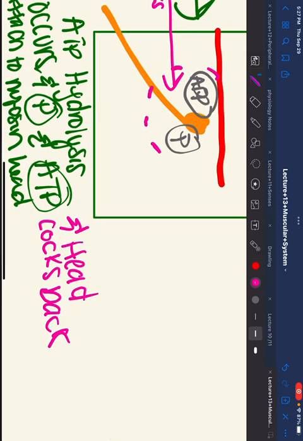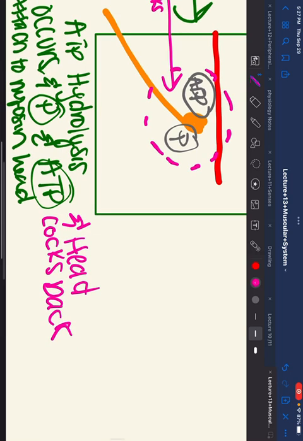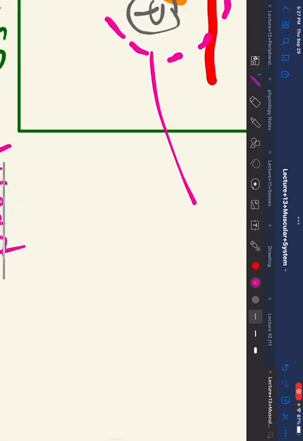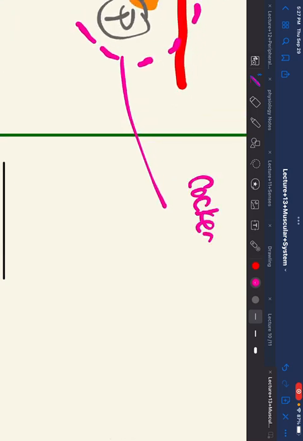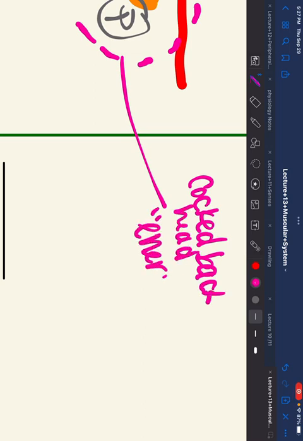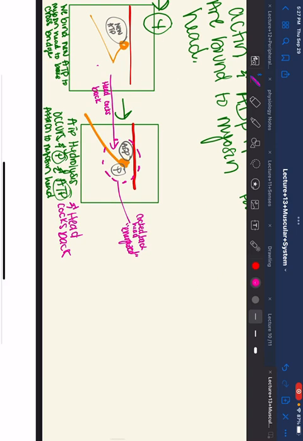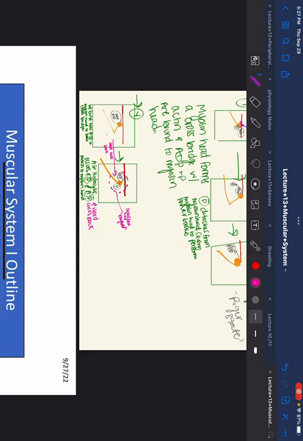This is the cocked back head, and we say it's energized. So that's step number 5.